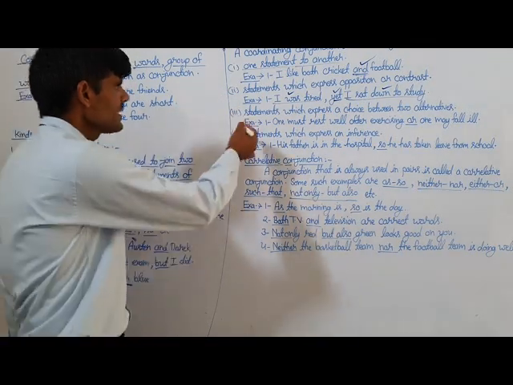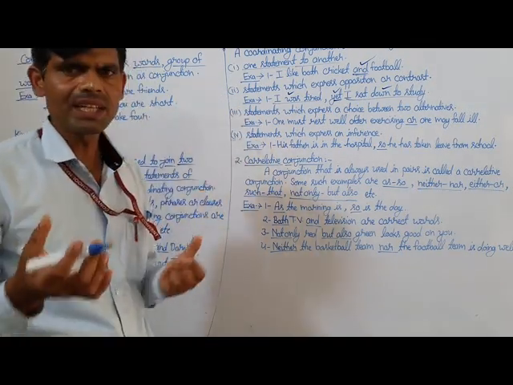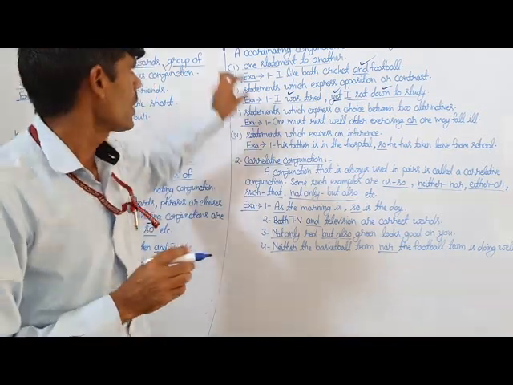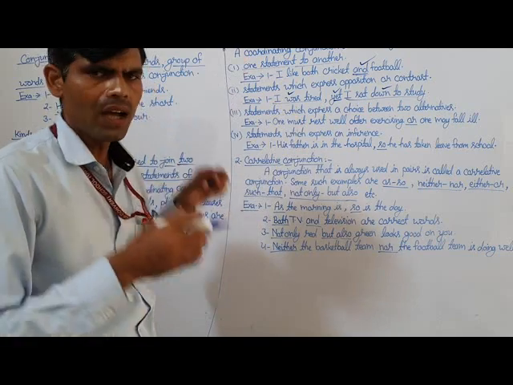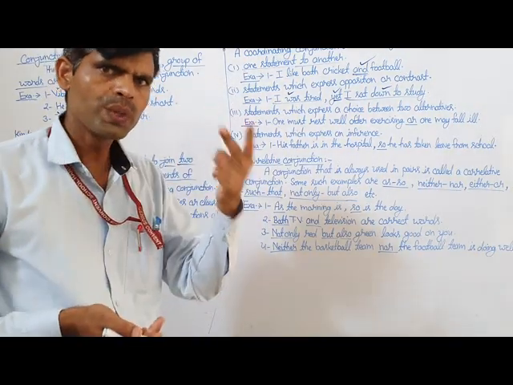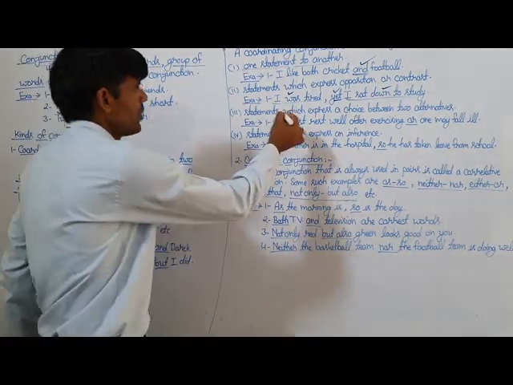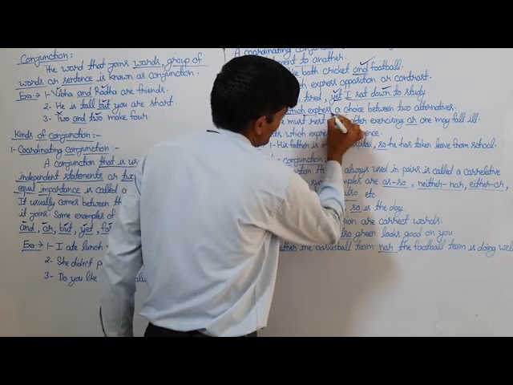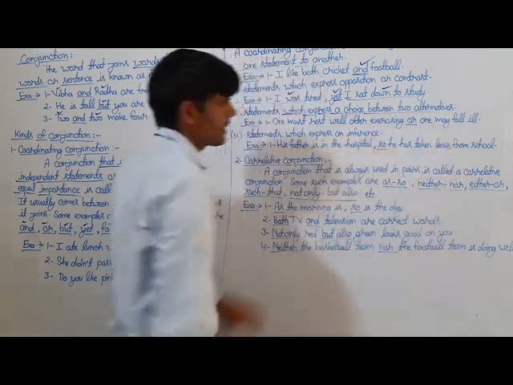and that is, it is used to join statements which express a choice between two alternatives. A coordinating conjunction is also used to join two statements which express a choice between two alternatives.